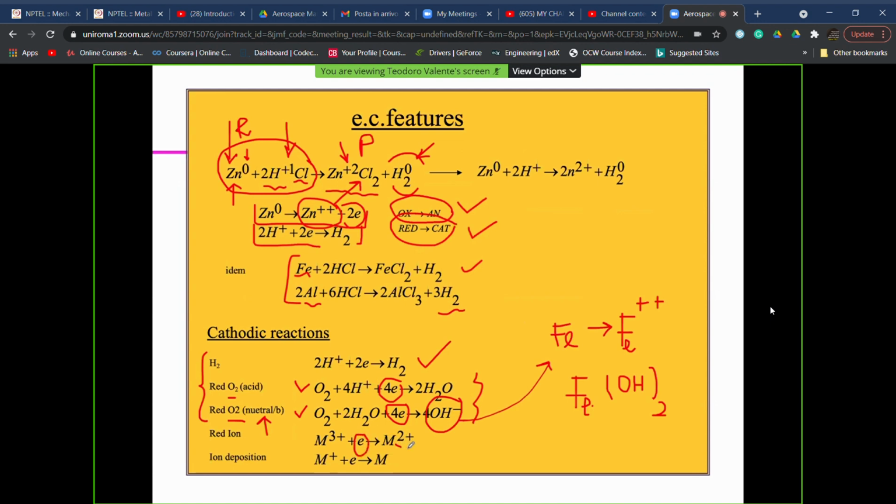They can reduce, for example, the oxidation number while still being ions, or they can reduce, like in this case, M is a general symbol, it doesn't mean any specific element, that's a general expression. They can consume the electron and pass to the 0 value of oxidation number.